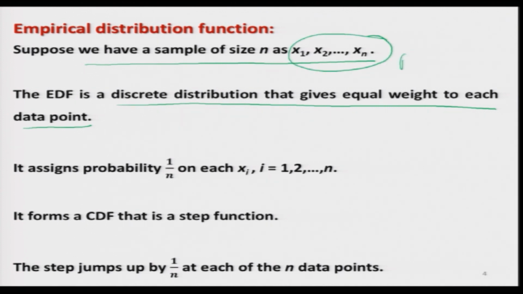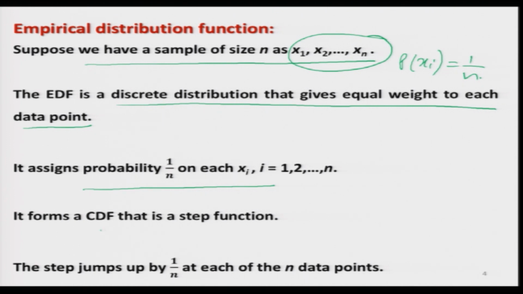So, if I say the probability of each xi is simply 1/n, all x1, x2, ..., xn are equally probable. And based on this concept, we fix that we assign probability 1/n to each of these xi. And based on this, we try to create the CDF.